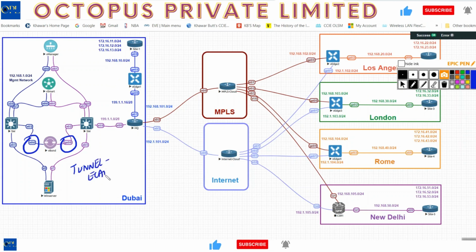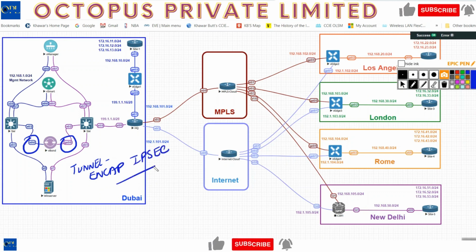You have to make a choice between GRE and IPsec. The protocol that you want to use for your encapsulation is IPsec. That gives you the ability to do encryption. Other than that, it's pretty much the same. So the interface will be different. The E0 is used for the management part of it, and the encapsulation is the other thing that you need to do differently.